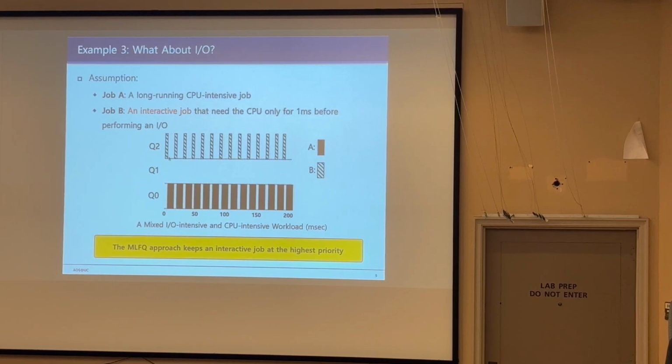So this blank in between the CPU bursts is the I/O burst. These black bars show that process A has a long CPU burst but a very short I/O burst, while process B has a very short CPU burst but a long I/O burst.